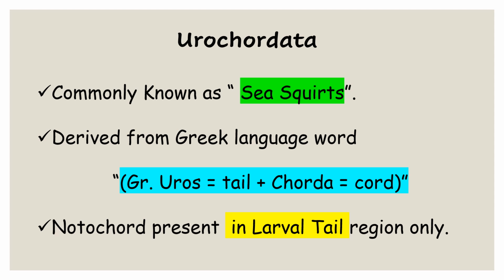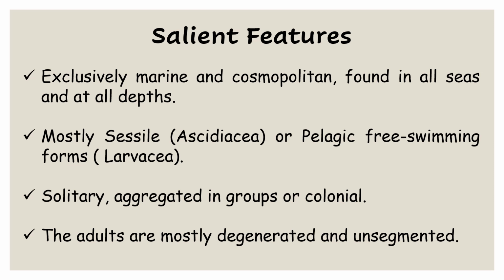That means in urochordates only the larva has a notochord, but during metamorphosis, when the larva changes into an adult, it loses this notochord. Now the salient features of Urochordata.